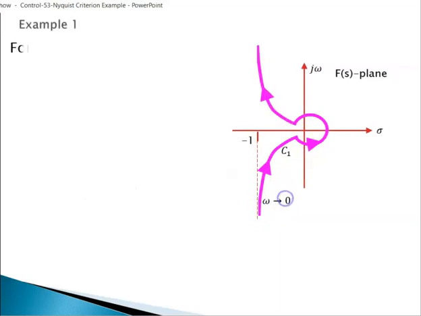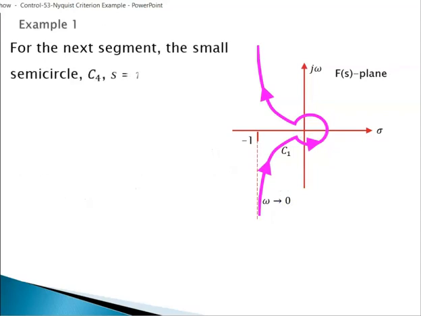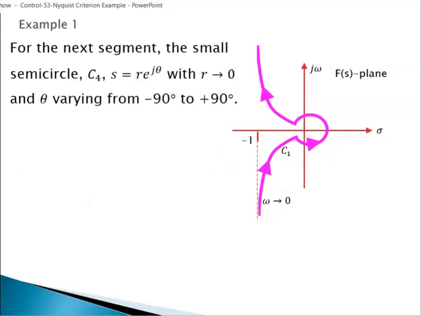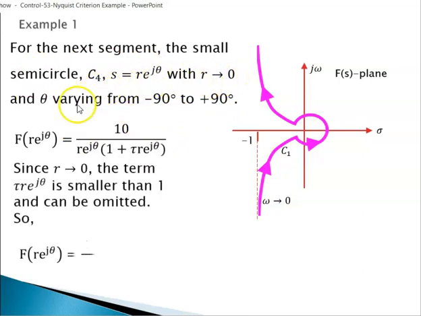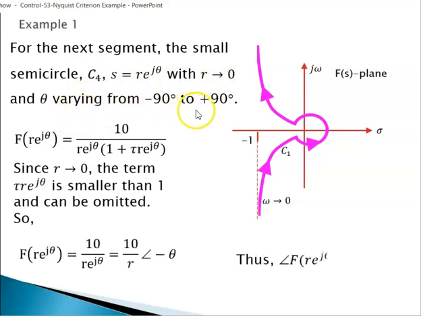The final last segment is the small semicircle C4. We say s is equal to r e power j theta, where r tends to 0 and theta varies from minus 90 to plus 90 degrees. Why is this so? Look at the Nyquist path and find out why it is from minus 90 to plus 90.